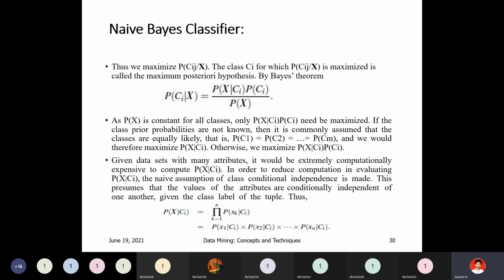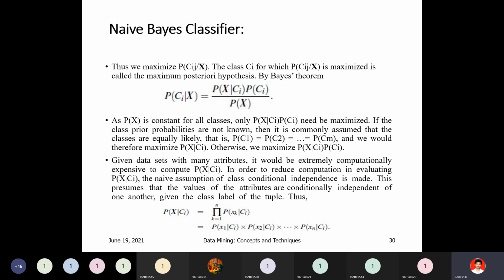P of x by ci into P of ci needs to be maximized. If P of c1 equals P of c2 and so on up to P of cm, we would maximize just P of x by ci. Otherwise, we maximize P of x by ci into P of ci. All classes being equal is the rare case.